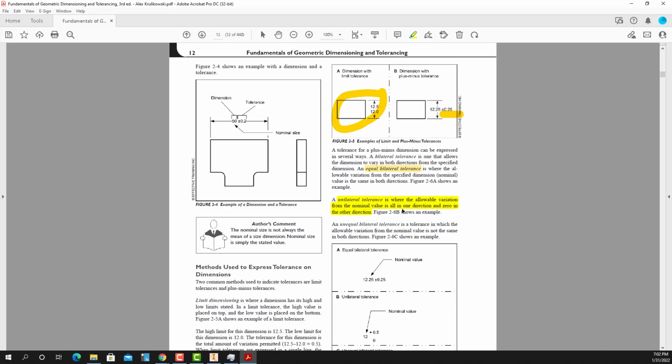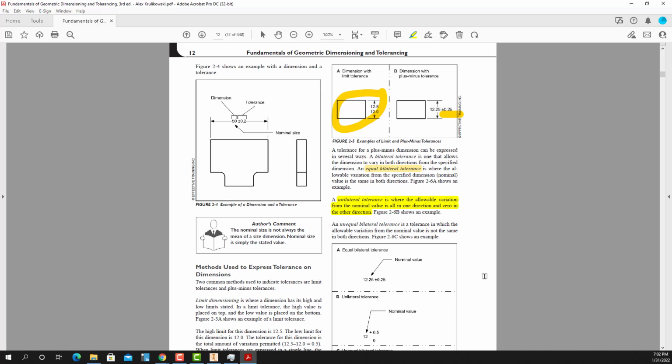We don't put a minus, we don't put any dots, we just put a 0. This is my worst case, and that's what I want to see when I'm trying bits or something's very particular to me. So that's called a unilateral. All the tolerance goes in one way. It can only get bigger.